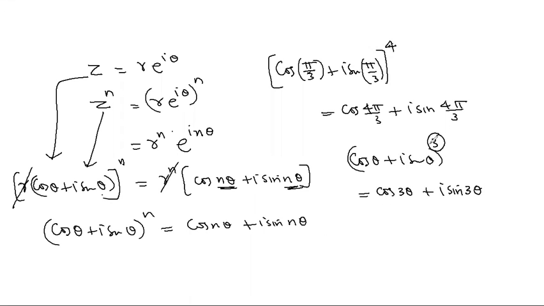Whatever the power is here will get multiplied with theta. Suppose I have cos theta plus i sin theta raised to half. It is not only for natural numbers, for any power you can apply. So this you can write as cos theta by 2 plus i sin theta by 2. Did you follow that? Yes, sir.